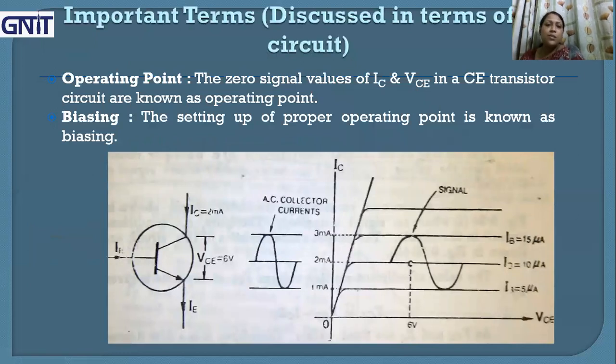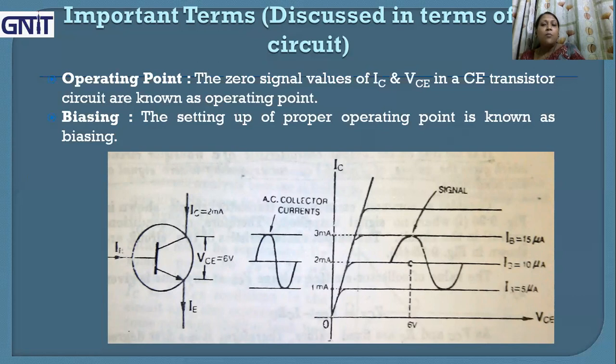So these are some important terms discussed in terms of CE circuit, that is operating point and bias. What is operating point? The zero signal values of IC and VCE in a CE transistor circuit are known as operating point.